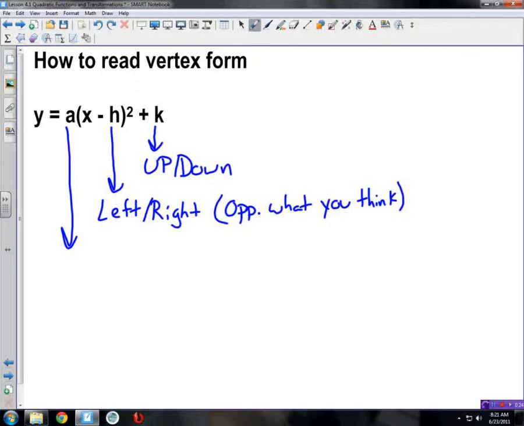And the A value controls our stretch and our compression, which means is it getting taller or wider. And also it controls our up, down. So those 3 pieces of information tell us everything we need to know.